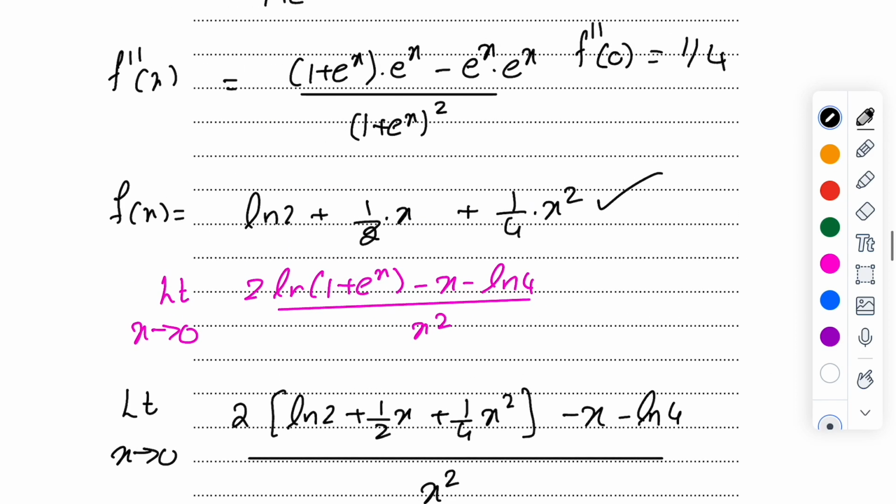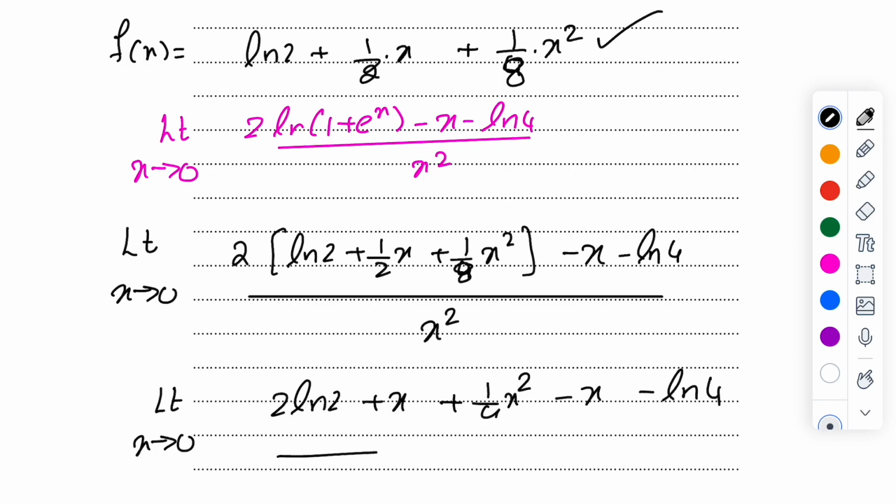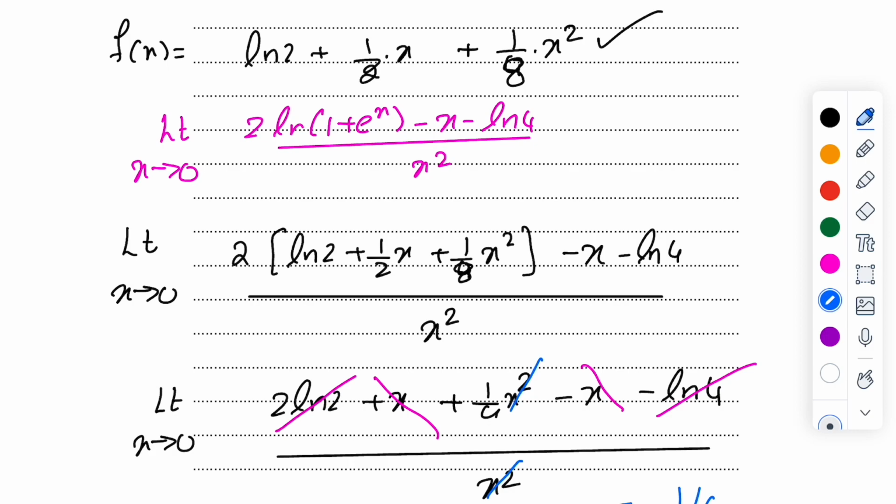Limit x approaches 0 of ln 2 plus x plus 1 upon 4x square minus x minus ln 4 upon x square. So we can clearly see that 2 ln 2 and ln 4 are the same. x and x cancel. x square cancels. My final answer is going to be 1 upon 4. That's going to be the way.